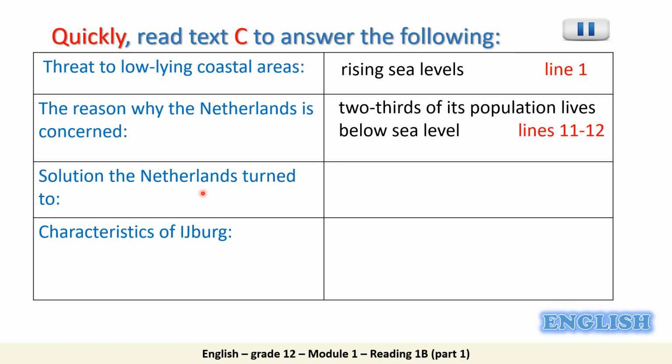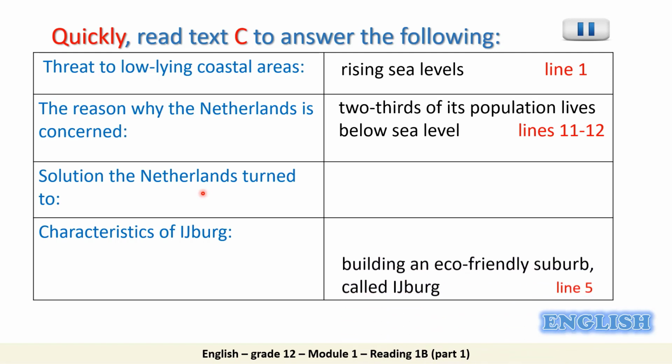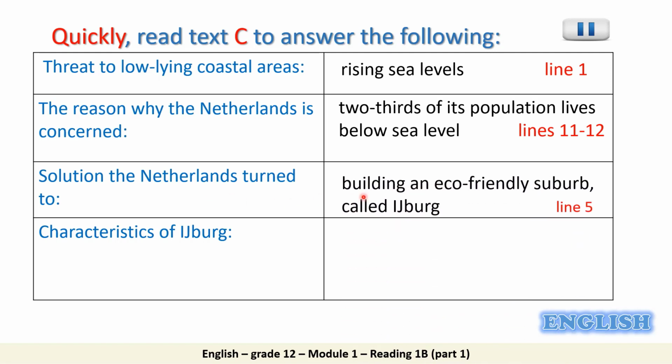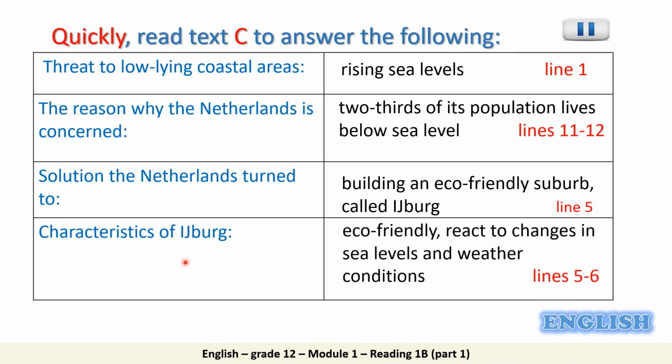What solution did they think of? They thought of building an eco-friendly suburb that is environmentally friendly and is called Edgeburg. How can you describe Edgeburg? Yes, it is eco-friendly.